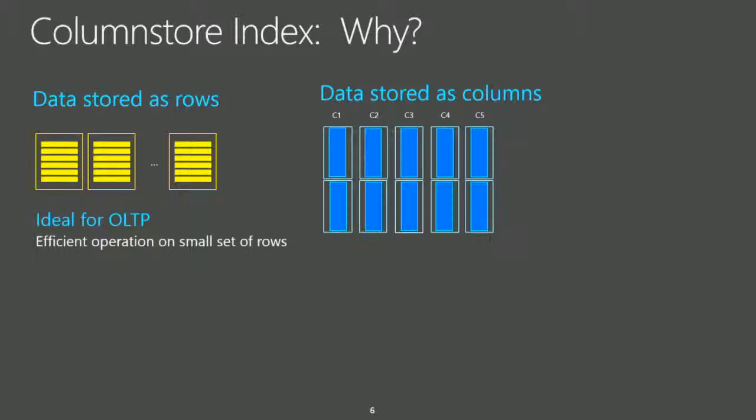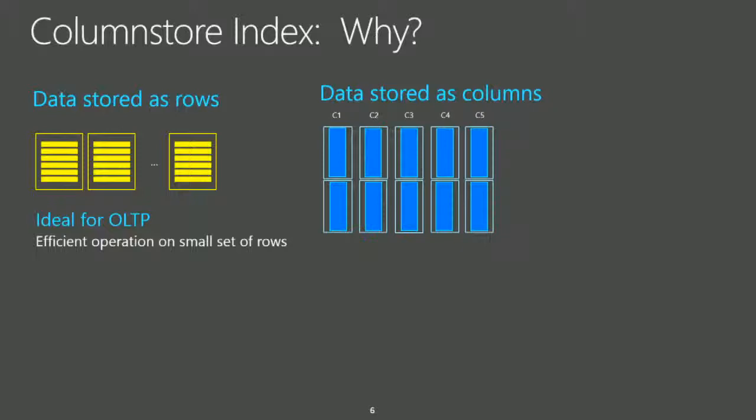So what you see under column C1, a blue box, is that, at least in the Microsoft implementation, we group 1 million rows together. I take 1 million rows, and within those million rows, I pick column C1, and all the values of column C1 are stored together. All the values of C2 are stored together.